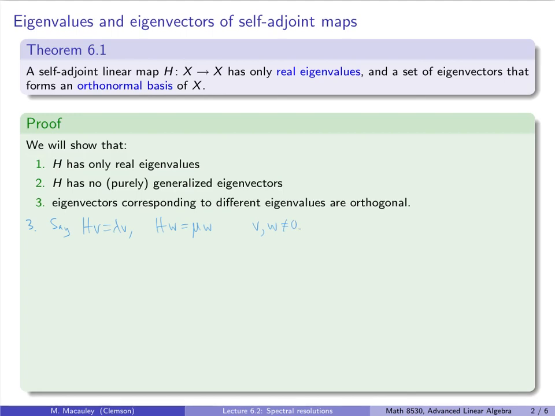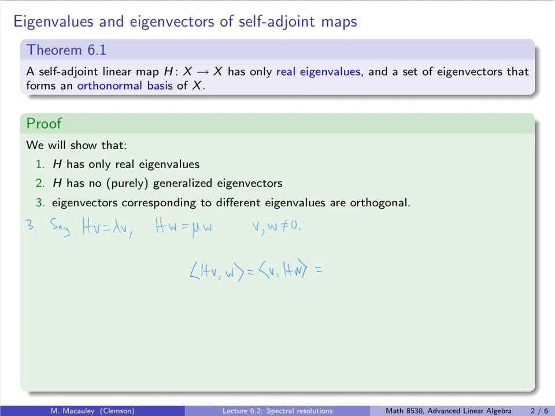This is going to be sort of like the first one where we write an inner product. So in this case, it's going to be Hv dot w is equal to v dot Hw. And then we're going to turn these into eigenvalues, pull them out, and see what happens. So we kind of follow our nose here.